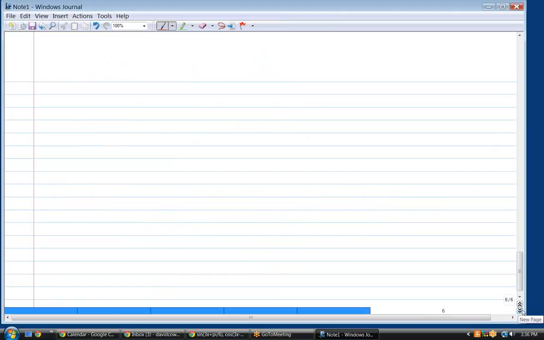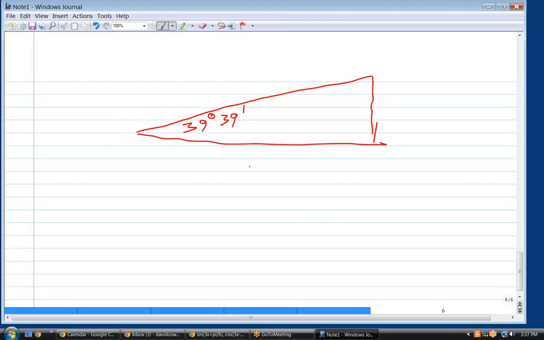Okay, the next question is: from a boat on a lake, the angle of elevation to the top of a cliff is 39 degrees 39 minutes. The base of the cliff is 770 feet from the boat. How high is the cliff to the nearest foot?